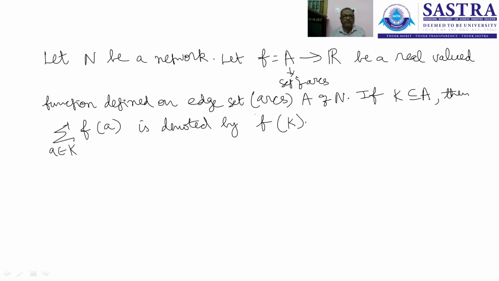This is different from the capacity. Capacity is fixed, whereas here I define a function, and later I will call this the flow. What we have to ensure is that the flow is smooth, so that you get a maximum flow. For that we define this function f.